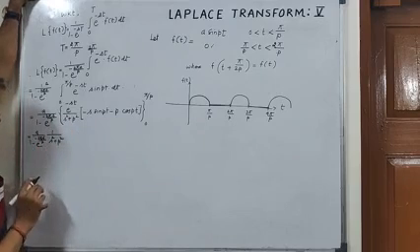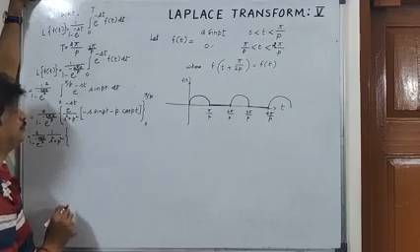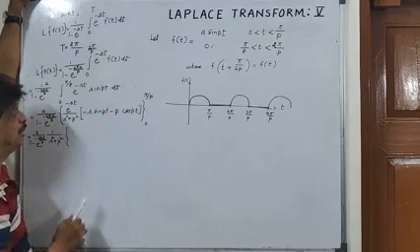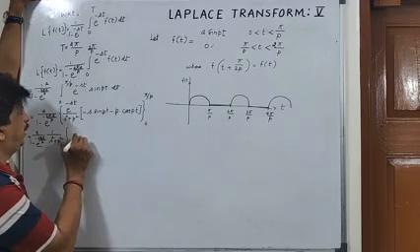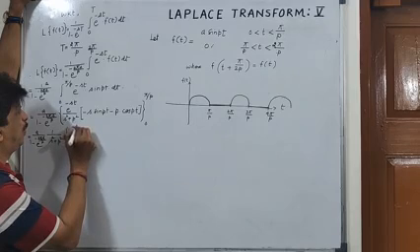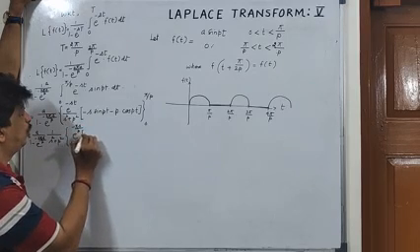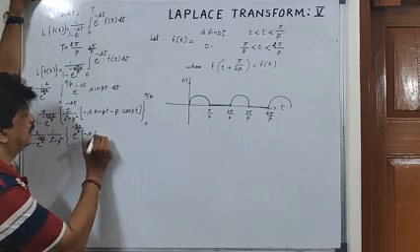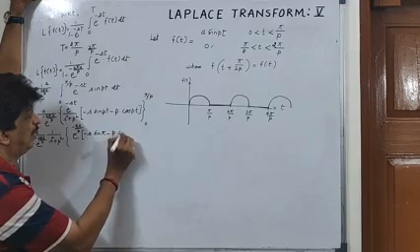This is also independent of the limits of t. Now, for the upper limit t equal to pi by p: e raised to power minus pi s by p into minus s sine pi minus p cos pi.